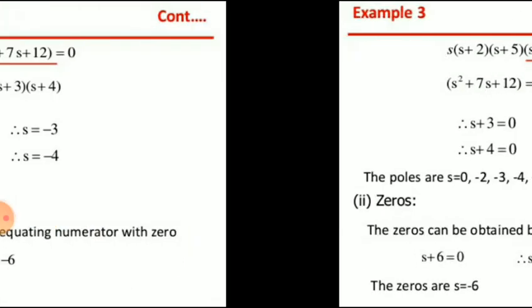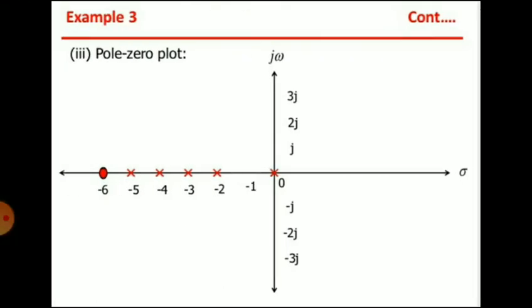This is the same slide. Now the pole zero plot. The x-axis is the real axis, that is the value of sigma, and the y-axis is the imaginary axis, that is the values of j omega. The poles are shown by the cross here.